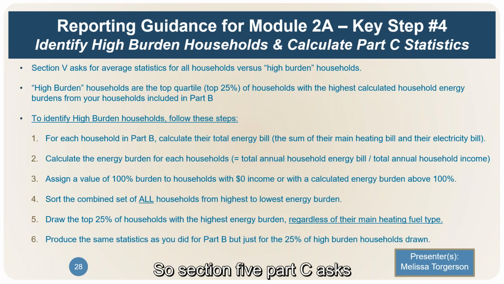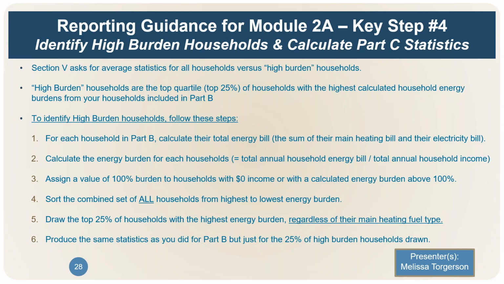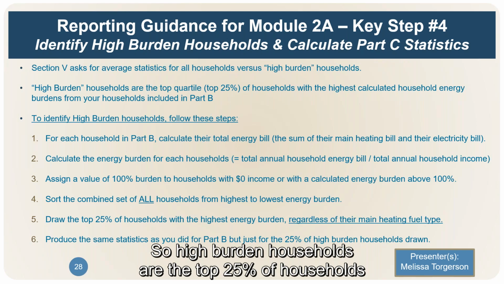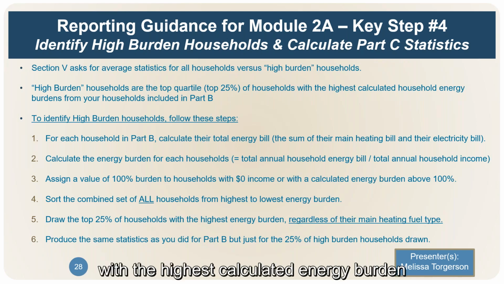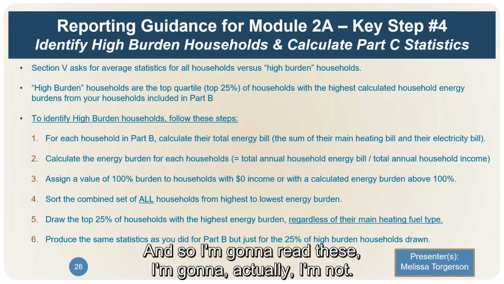So Section 5, Part C asks for average statistics for high burden households. So high burden households are the top 25% of households with the highest calculated energy burden from the households in Part B. And so I'm going to read these.